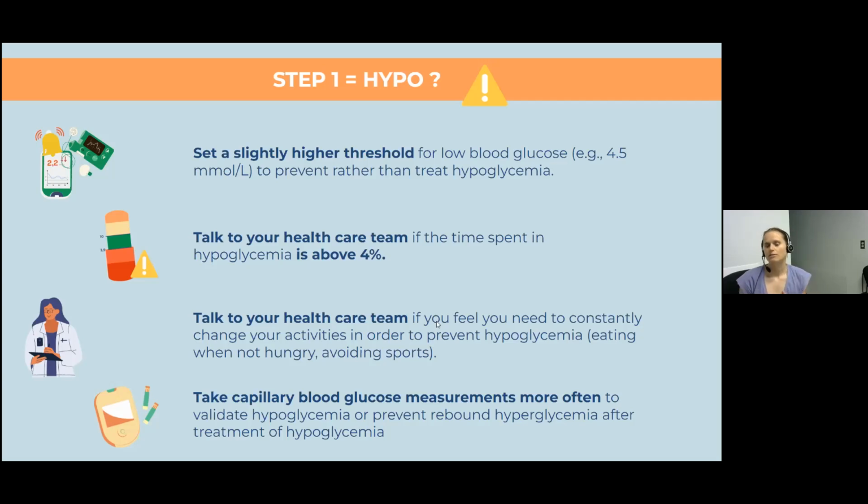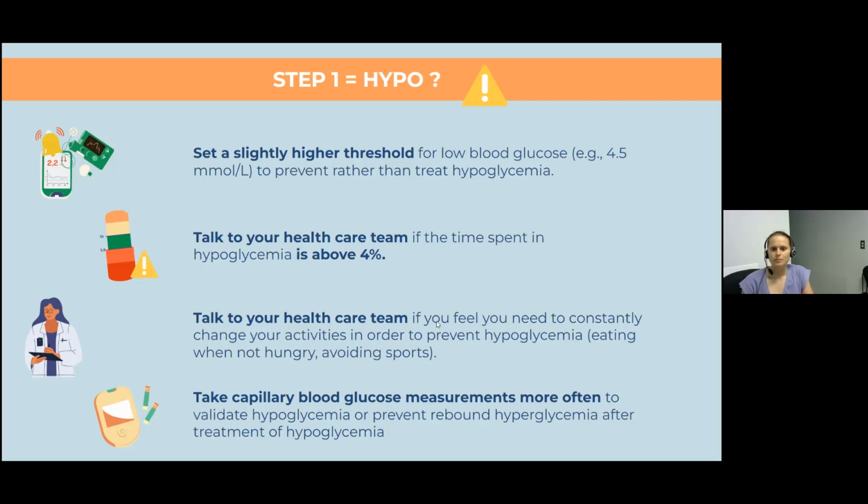Also, the opposite: if your report shows 0% or maybe 1% of hypoglycemia, but you feel like you're constantly doing things to prevent hypoglycemia, constantly eating at times that are not meal times or when you're not hungry, constantly avoiding activities like sports, that would also be an indicator. There's something we can maybe adjust in your treatment to make sure you're not in this rut of always trying to prevent.